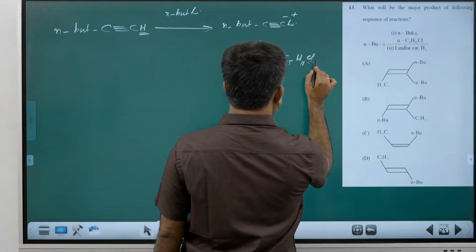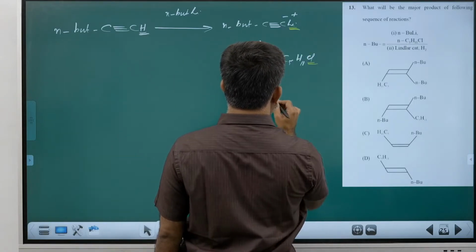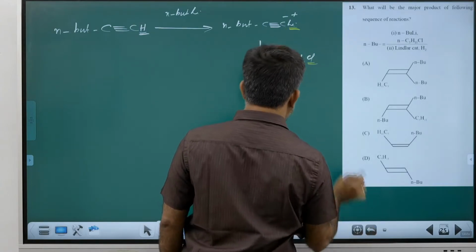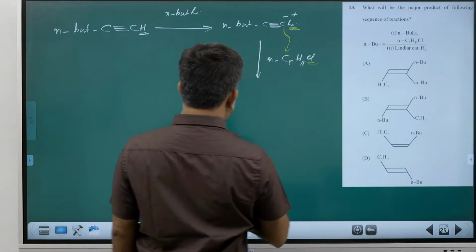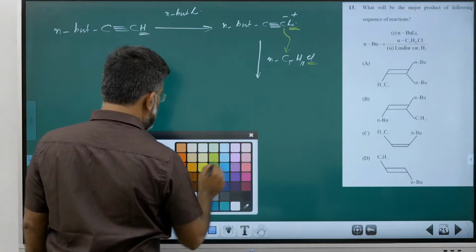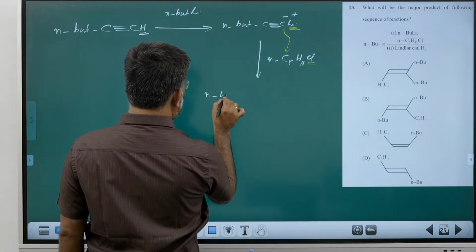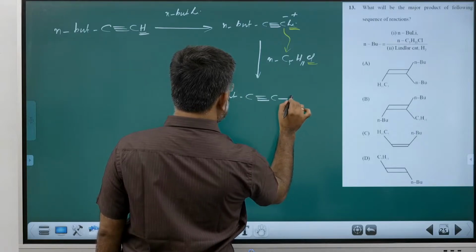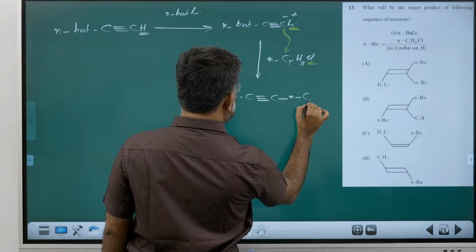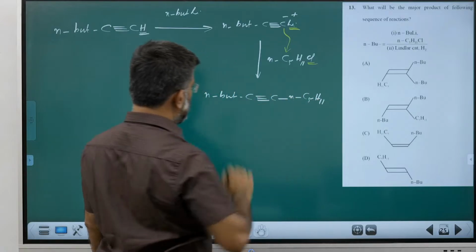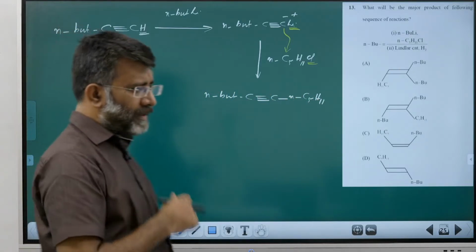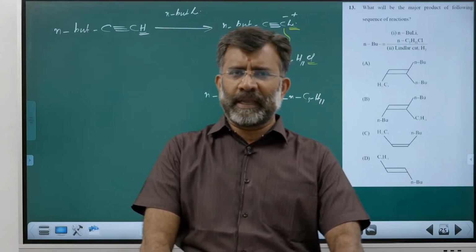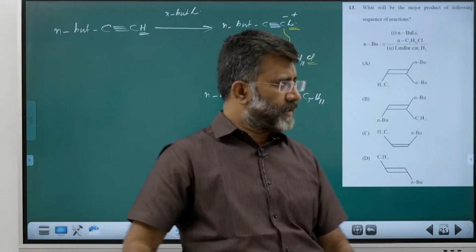The chlorine and lithium go out, and this will be connecting with this carbon, and the net result will be N-butyl C triple bond C, N-C5H11. This is what you are getting. That's a simple substitution reaction, nucleophilic substitution, SN reaction.